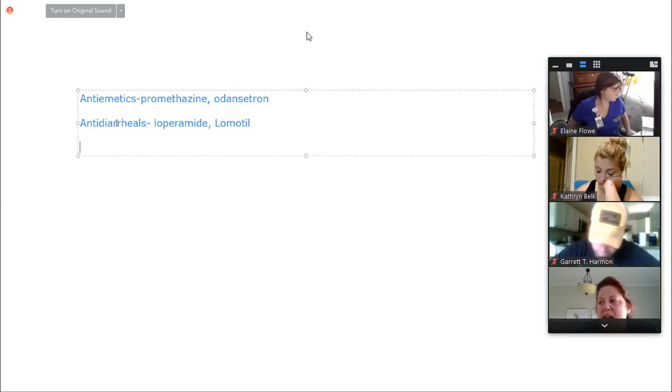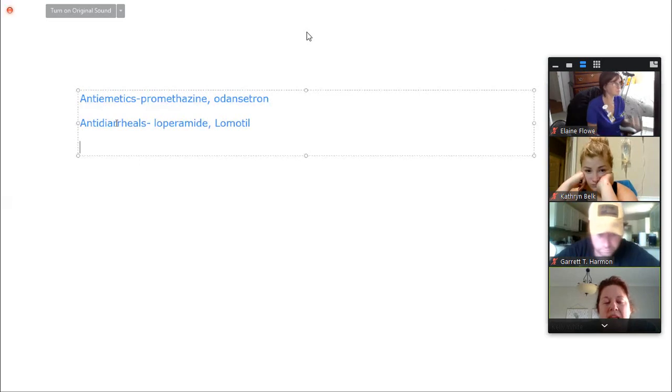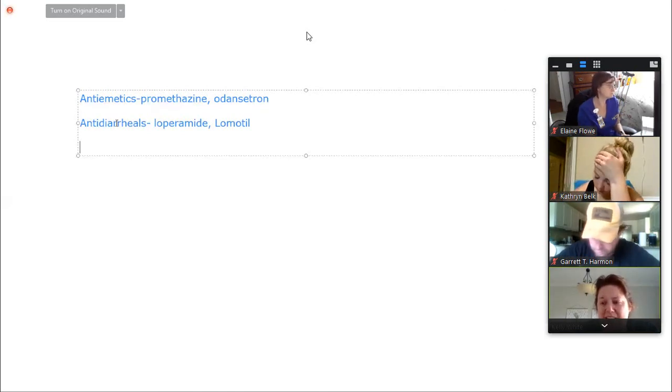Let's say they have diabetes insipidus or SIADH, where your body is putting out massive amounts of urine, which is not a good thing. So you're losing large amounts of urinary volume.